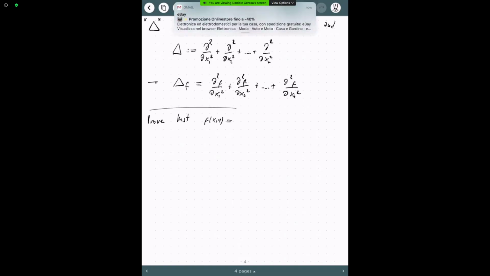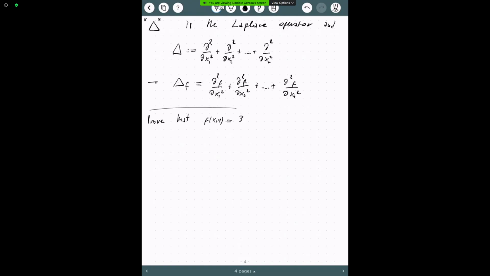We want to prove that f defined by this polynomial formula here, 3 times x squared times y minus y to the power of 3, is harmonic in the whole plane. So it's again an exercise in computing partial derivatives.